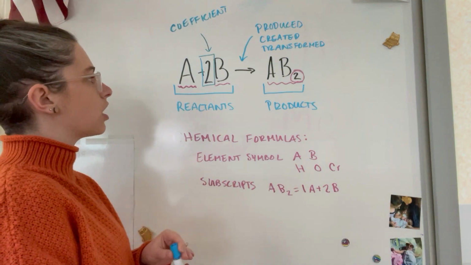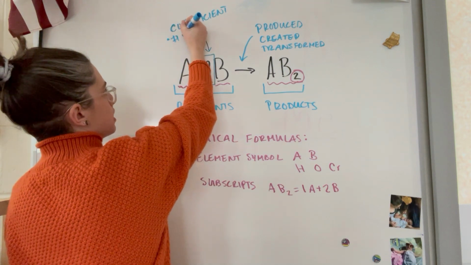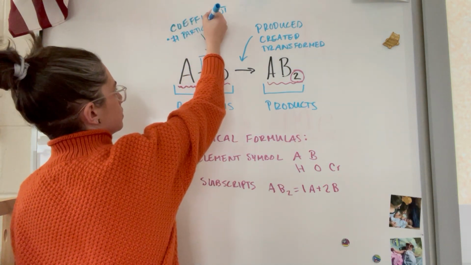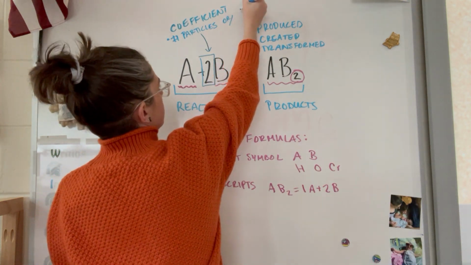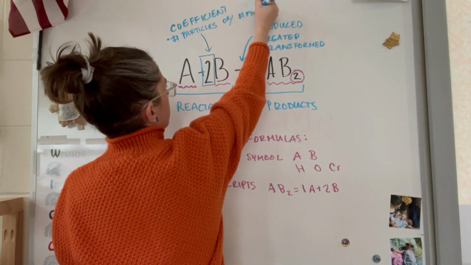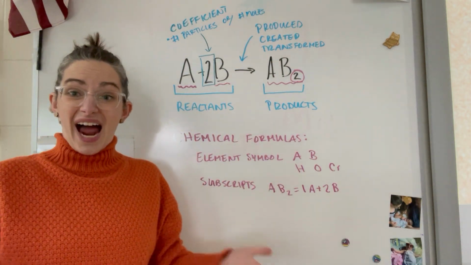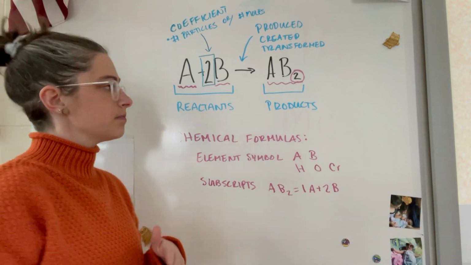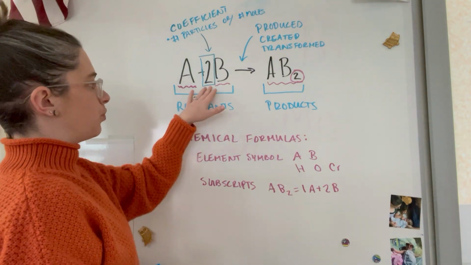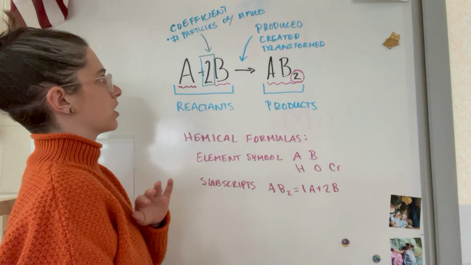So the coefficient tells us one of 2 things. It tells us number of particles or number of moles. A mole is just a lot of particles, specifically 6.02 times 10 to the 23rd. We would look at this reaction and there's a 1, a 2, and a 1 in terms of our coefficients.